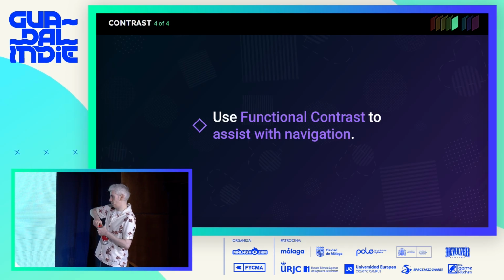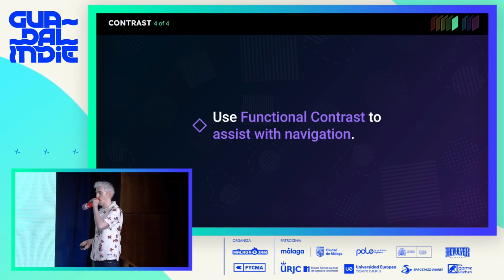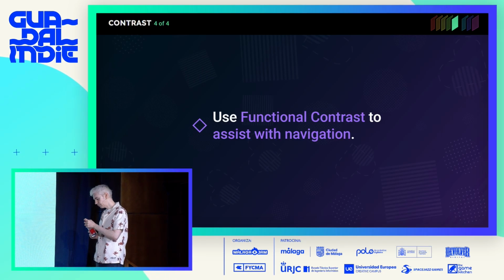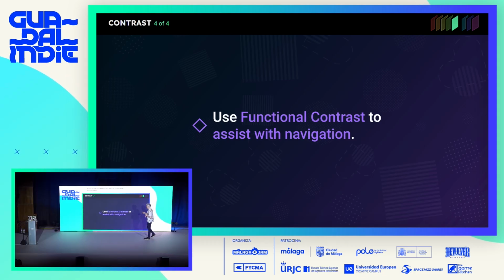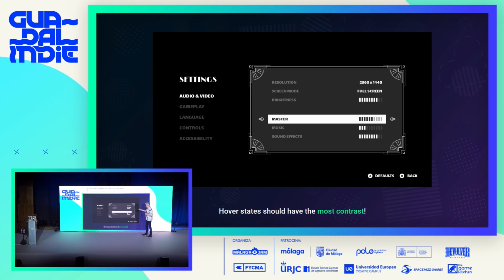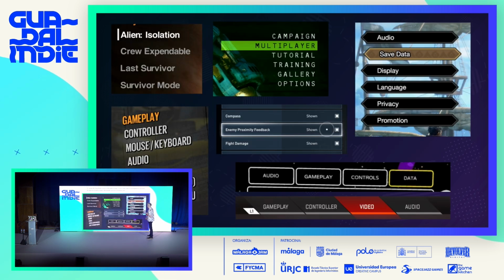Number 4, use functional contrast to assist with navigation. So again, the cursor for the gamepad, moving it up and down. This is a really important part of the whole user experience, obviously, because you need to know where you're looking. And there are all kinds of different ways of doing that.